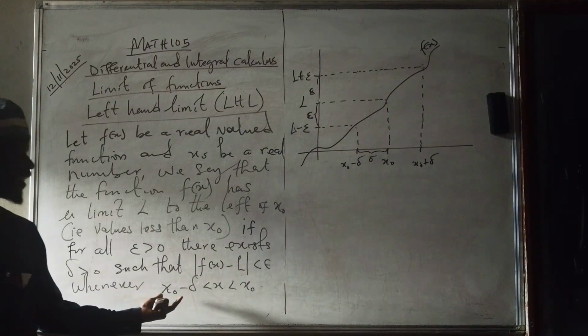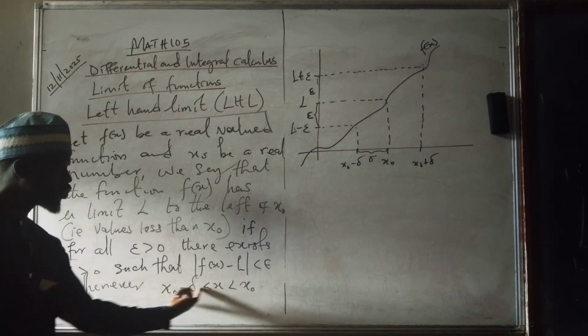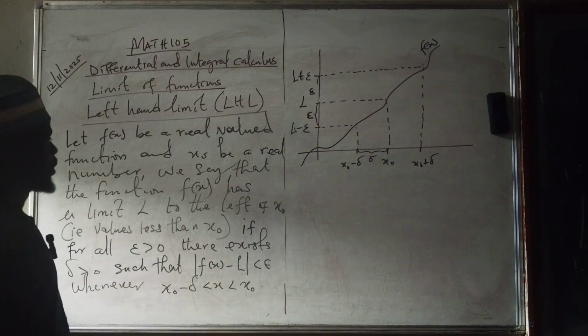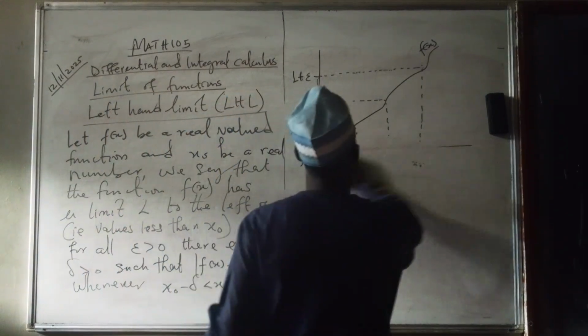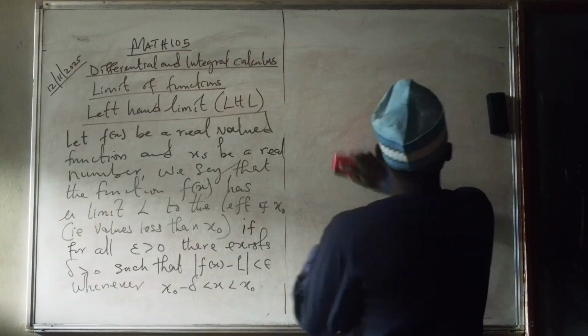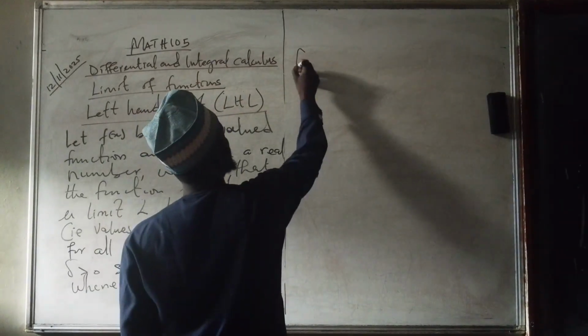So this is the limit to the left. This value is to the left of x naught, as you can see. Okay, so let's take an example. Example 1.